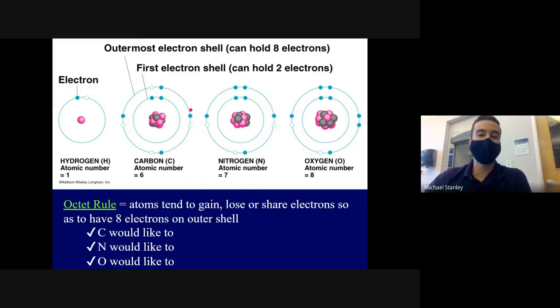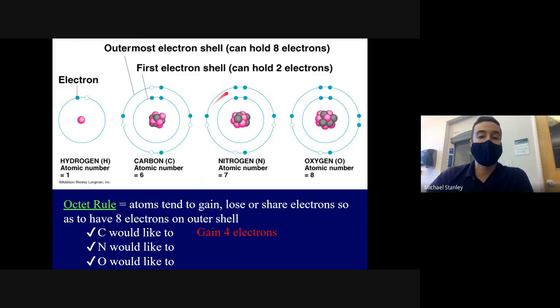So what this means is that an atom like carbon, which has 4 out of the 8 spots filled on its outer shell, would like to gain 4 electrons, right? It has 4 electrons essentially missing from its outer shell. It's only got 4 on there. So in order to satisfy the Octet Rule, carbon would have to gain 4 more electrons.